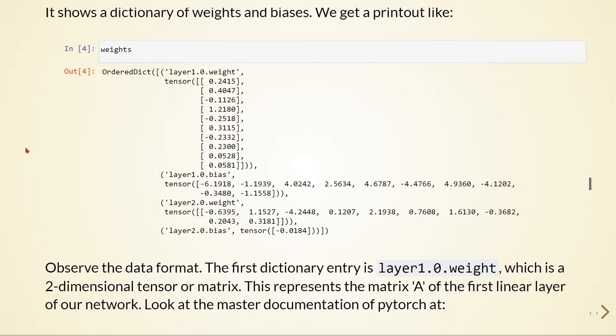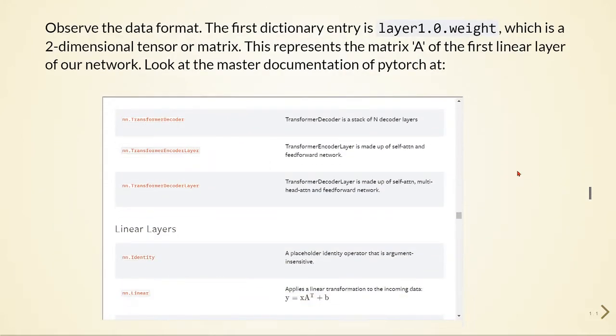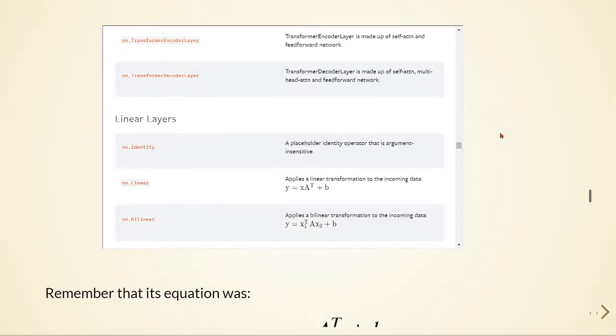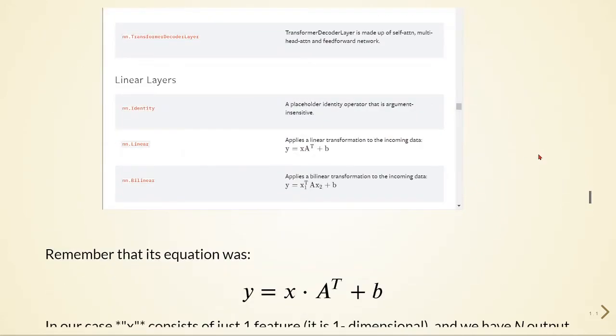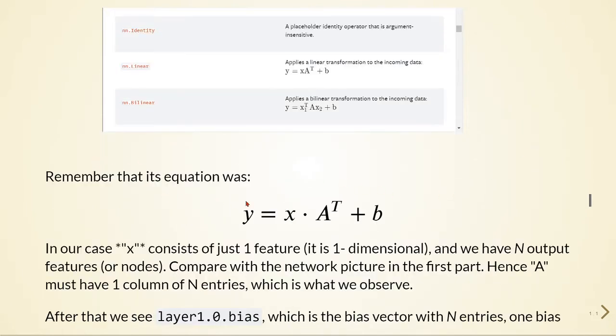So you can take a look at the documentation of PyTorch for linear layers and take a look at how it works. Remember that the equation was given here. So y is the output, x the input.